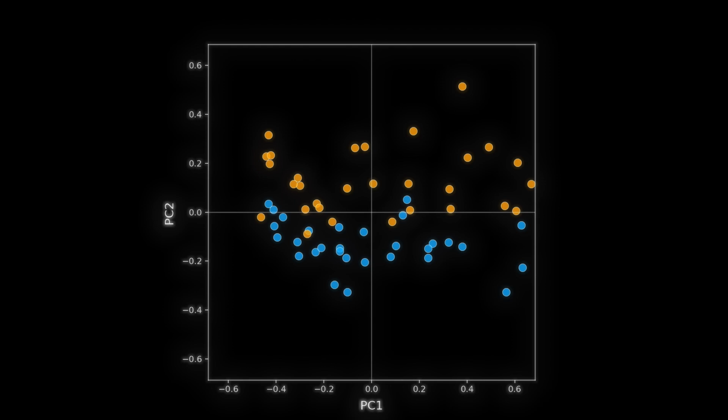Now look at the two-dimensional representation of this, where you just retain PC1 and PC2. What you'll notice is that compared to 3 dimensions, the 2 dimensions version just feels much easier to visualize, much cleaner, and separates really well between the two categories.